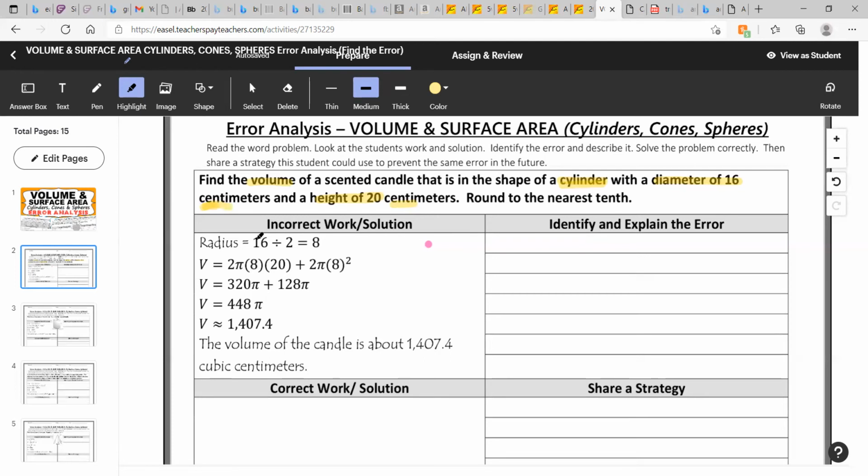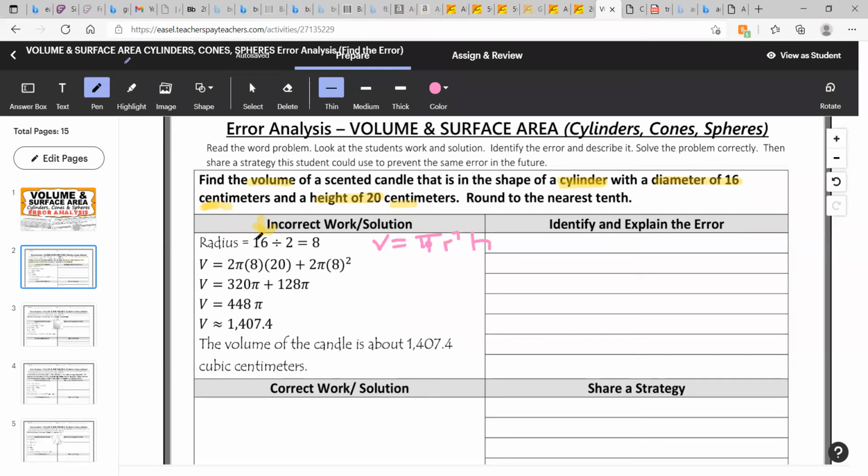So this student tried to solve this problem, but it was incorrect. So we're going to find why it's wrong. The volume of a cylinder has a formula, which is pi radius square height.